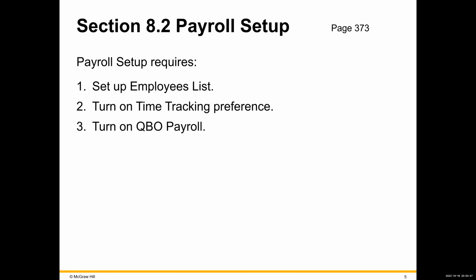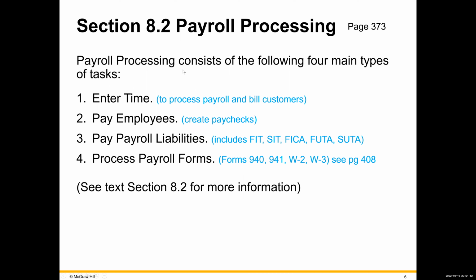And a lot of the accounts that you need to run a payroll, like federal income tax payable, state income tax payable, Social Security payable, Medicare payable, SDI payable, are done automatically for you when you turn on this QuickBooks payroll.